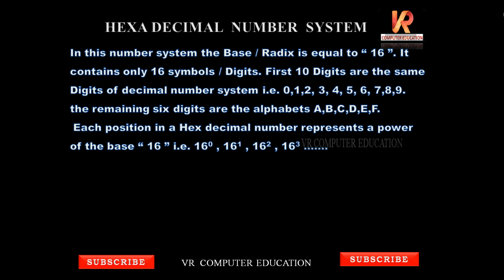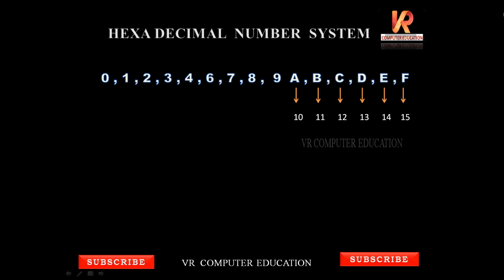Let us see the representation of hexadecimal once again clearly. So this is the example. Now you can see the hexadecimal number system. 0 to 9 are the same as decimal numbers, and 10 means A, 11 means B, C represents 12, D represents 13, E represents 14, F represents 15.